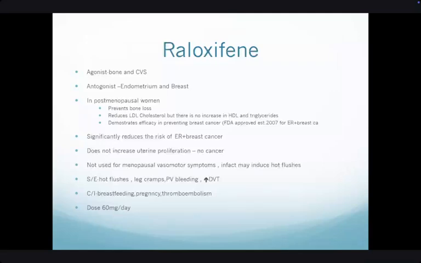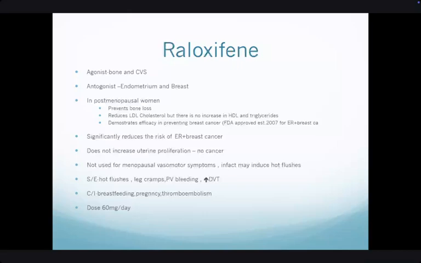So it has agonist effects on the bone and on the heart, and antagonist effects on the endometrium and the breast. In postmenopausal women, it prevents bone loss. It reduces LDL cholesterol, which is bad cholesterol, but there's no increase in the good cholesterol, HDL, and triglycerides.